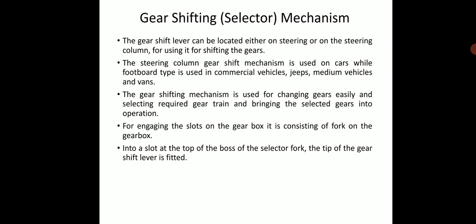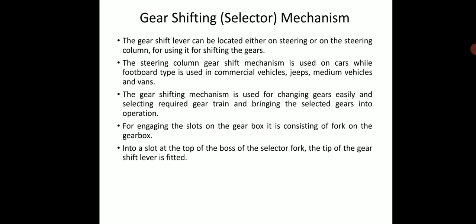There is a gear shifting mechanism, which can be used for shifting the gears. The gear shift lever can be located on either the steering column or the floor. The steering column shift mechanism is used on cars, while the floor-mounted lever is used in commercial vehicles, jeeps, medium vehicles and vans.